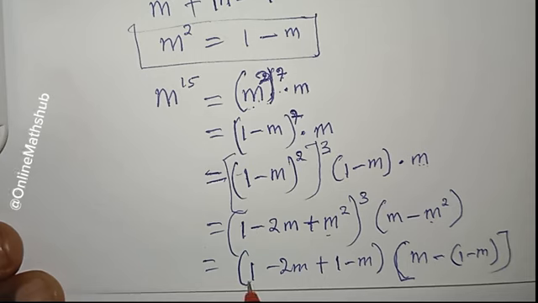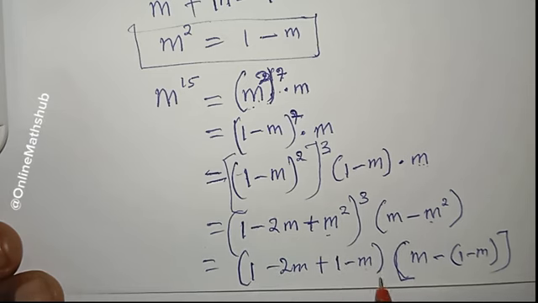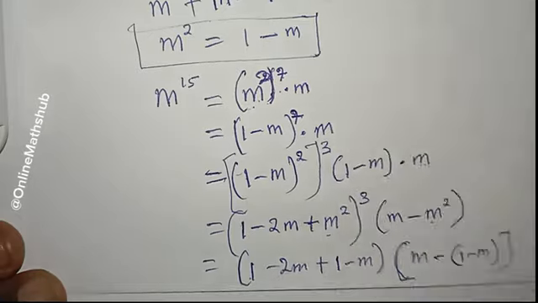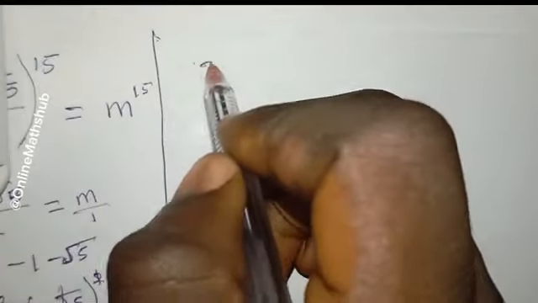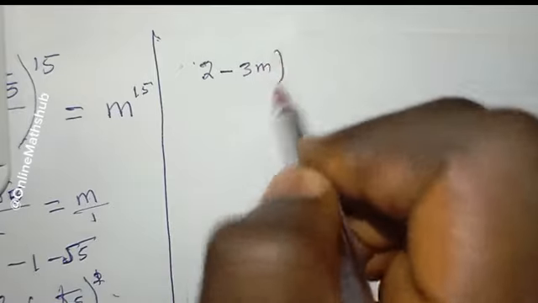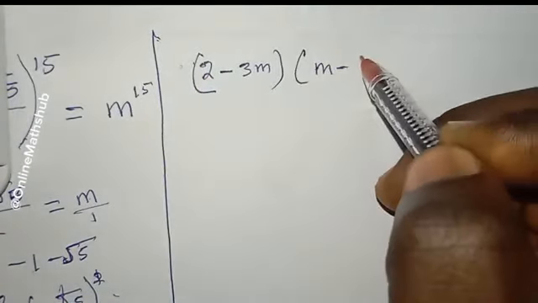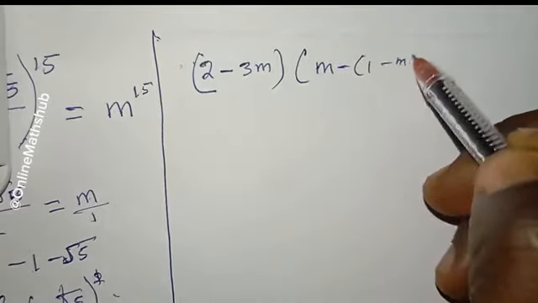Okay, so if you simplify this stuff inside bracket, what we're going to be having is 1 plus 1 here is 2, and then minus 2m minus m will give us minus 3m. We're going to be having 2 minus 3m. And so continue here, what we have is 2 minus 3m. Then the second bracket is actually m minus 1 minus m.